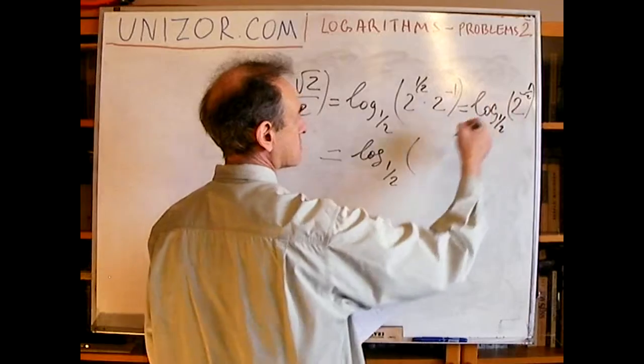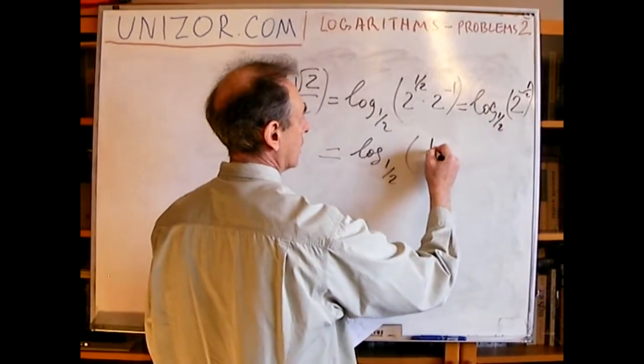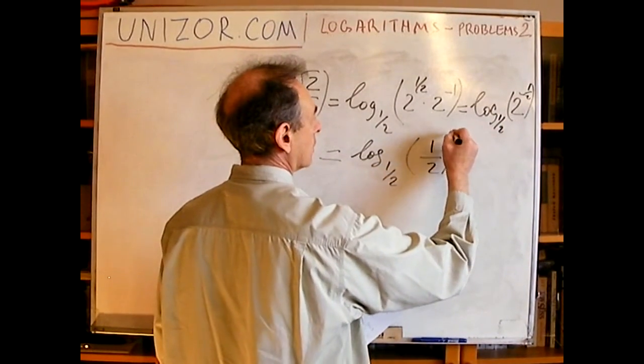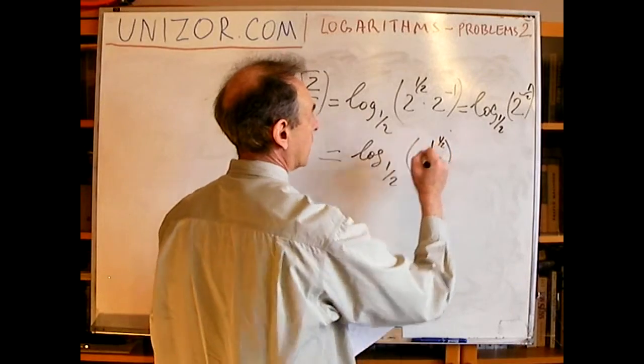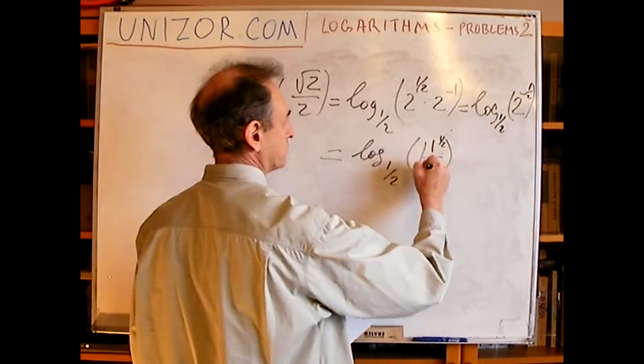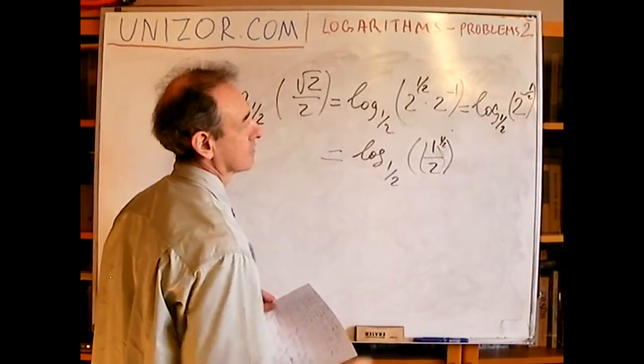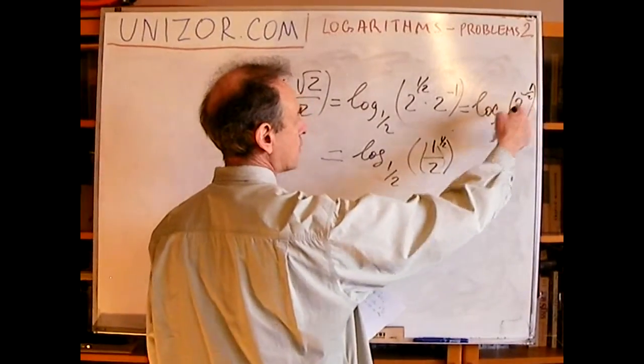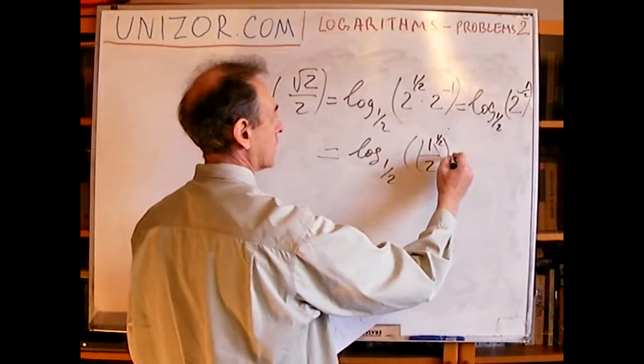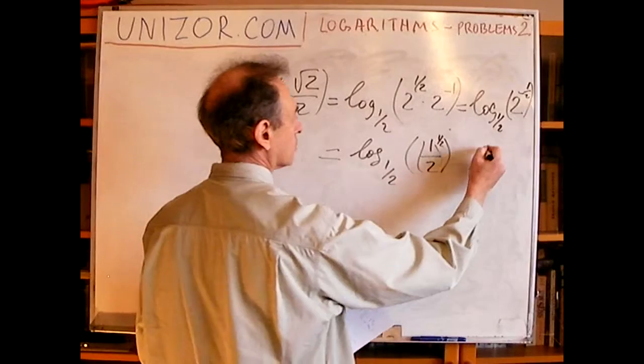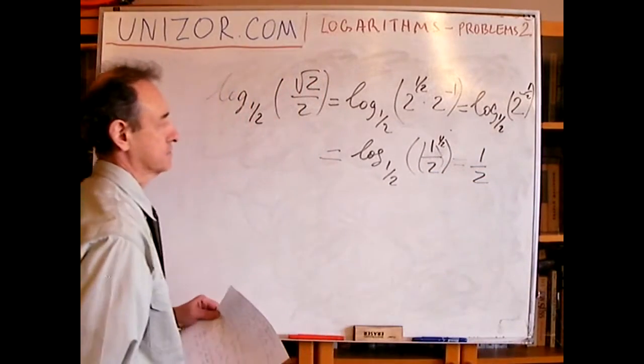Now, since this is minus, we can invert it, and we will have 1/2 to the power of 1/2, right? Instead of 2 to the power minus 1/2, we have 1/2 to the power 1/2, which is therefore equal to 1/2.